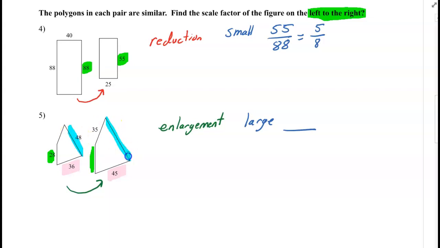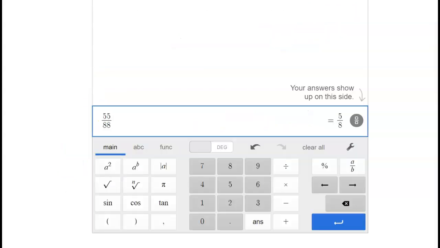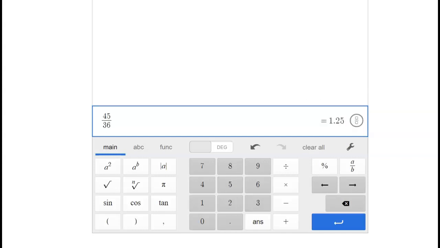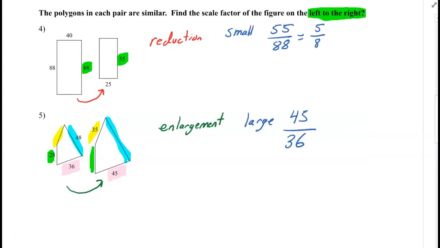The 48 goes with the missing side there. And then the yellow side here with the 35. Again, I don't know the number. So I'm going to say 45 over 36. I'm going to grab my calculator. 45 divided by 36. It's 1.25. Notice that is larger than 1, but I'm going to make it a fraction, 5/4. So the scale factor is 5/4.